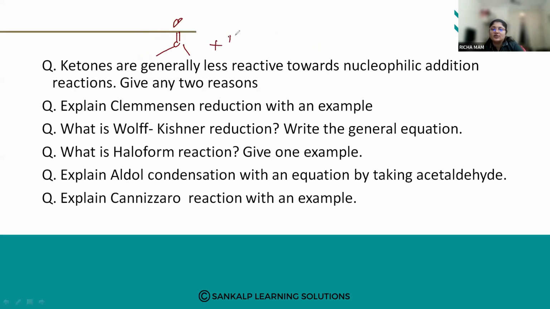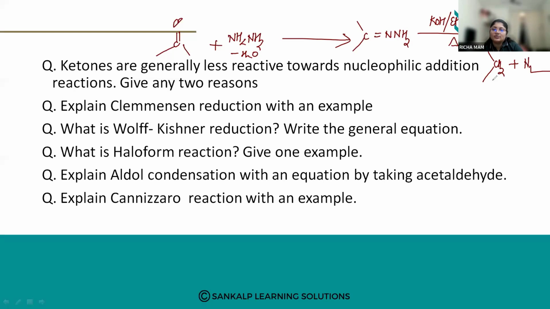So when you react it with hydrazine, NH2NH2, with the removal of a water molecule, I'm going to get C double bond N NH2. This is further heated in the presence of KOH and ethylene glycol. What am I going to get? I'm going to get the hydrocarbon.